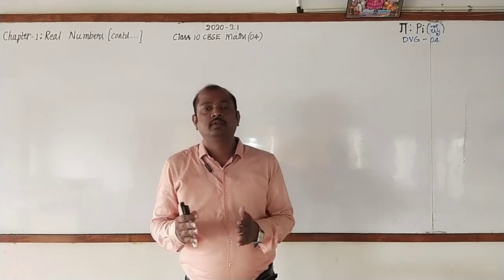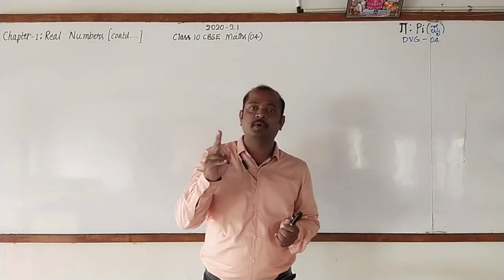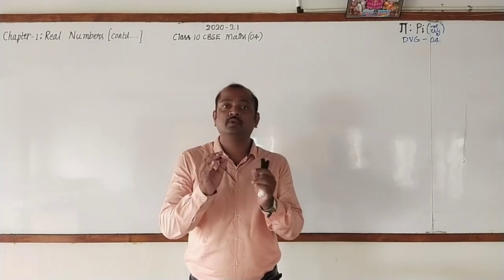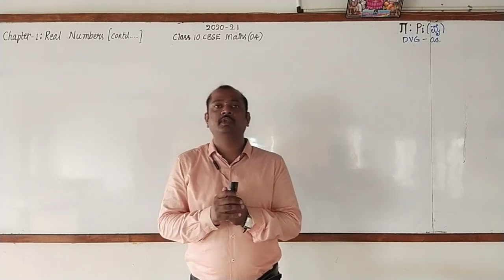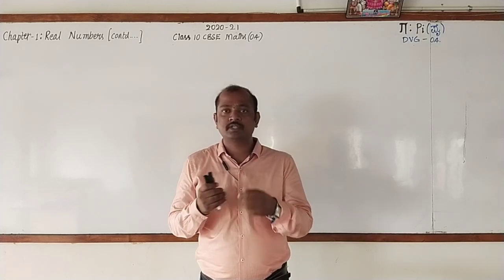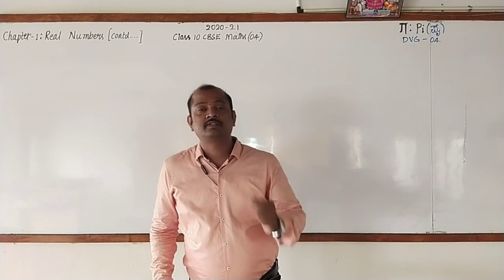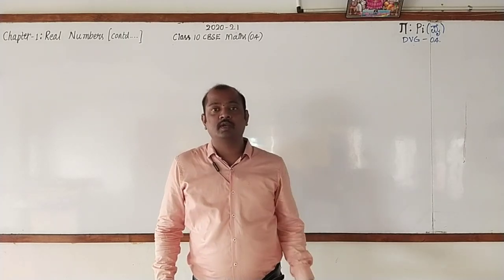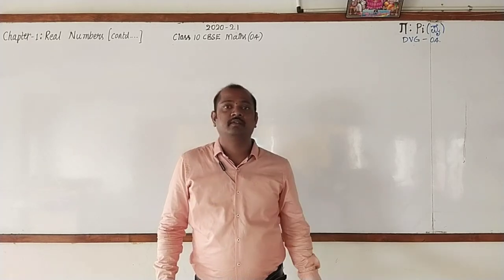Then we solved some problems to find the HCF of given two positive integers using Euclid's division lemma. And also we focused on some verbal problems. You may recall the very first one was about the tanker problem. Second one was egg seller. Third one, sweet seller, right?